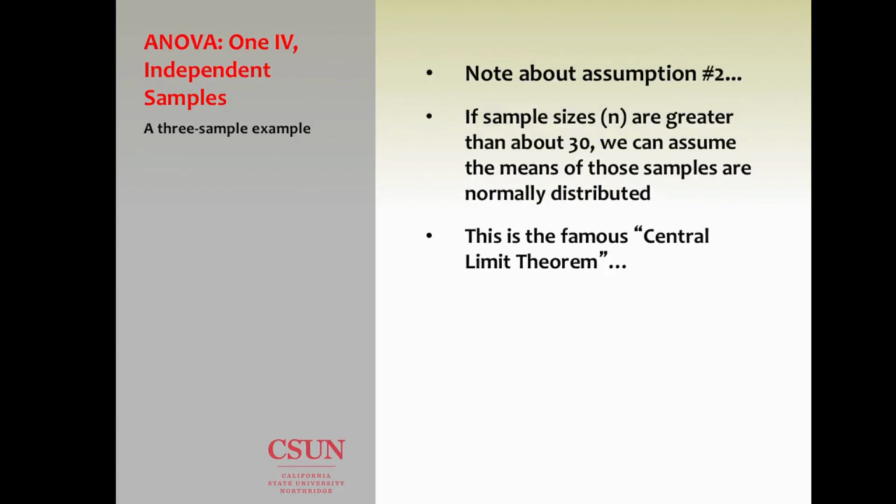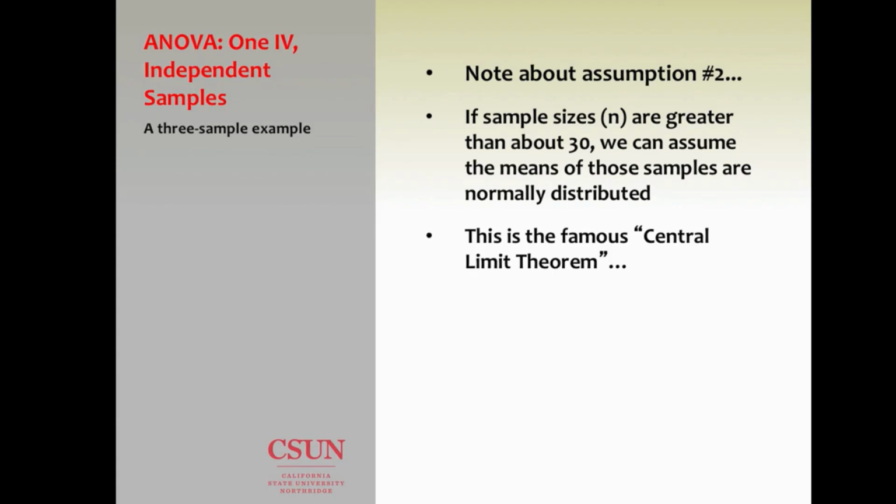And also, the other thing about this assumption is that if you have sample sizes that are large enough, then you're okay. This is part of the central limit theorem, which you may have heard of in a past math class. We only had 3 people in each of our samples, so we definitely needed to worry, and if this were a real study, we would have needed to worry about assumption number 2, in that maybe that data was not forming normal curves.